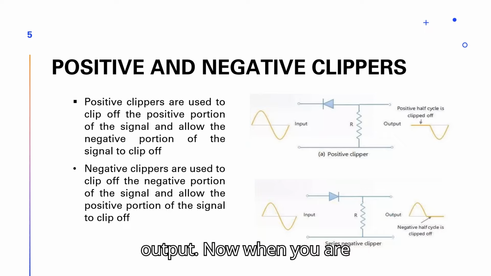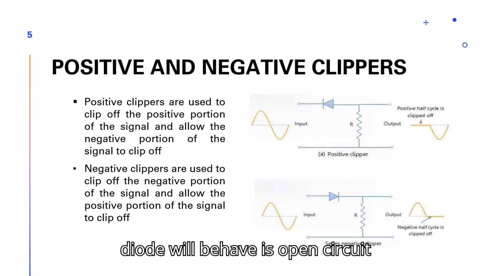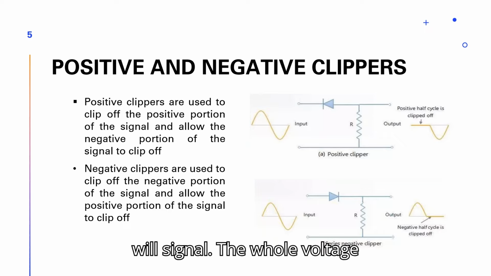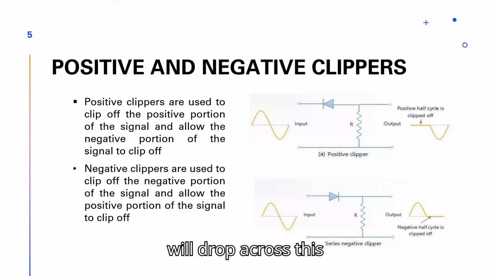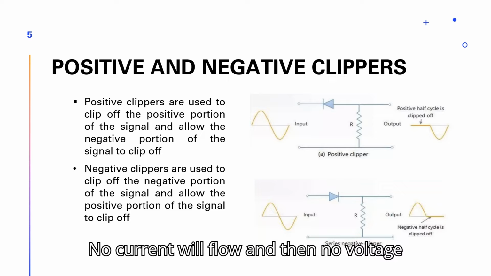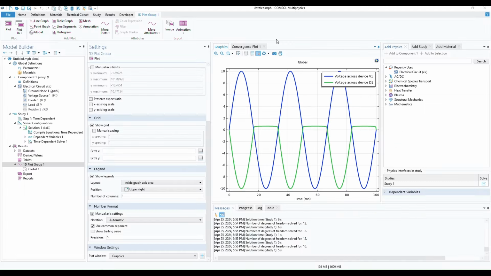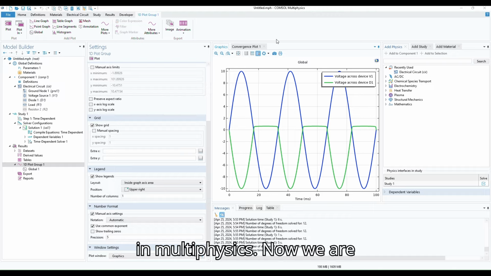Now, when we apply the negative half cycle, this diode will behave as an open circuit and the whole voltage will drop across this diode, no current will flow, and no voltage will drop across this resistor R and the output signal will be 0. Now, let's start in COMSOL Multiphysics.